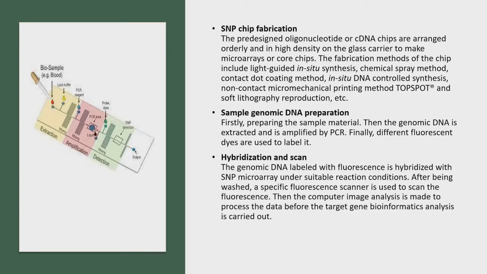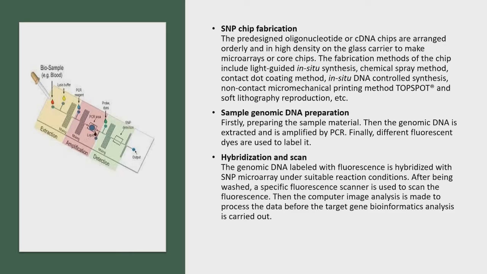Then, sample genomic DNA preparation. Firstly, the sample material is prepared, then the genomic DNA is extracted and amplified by PCR. Finally, different fluorescent dyes are used to label it. Hybridization and scan is the last process.